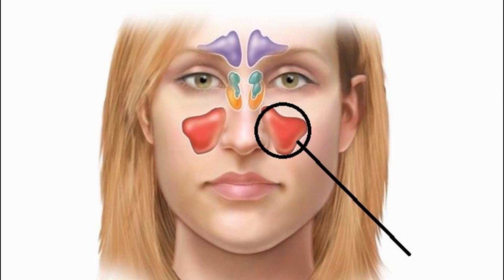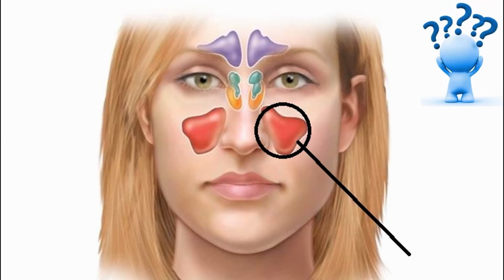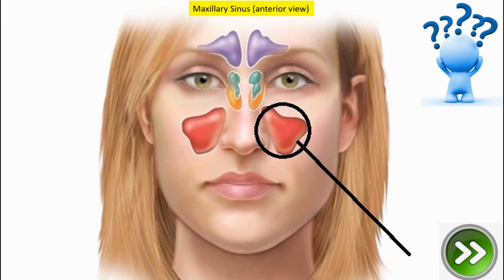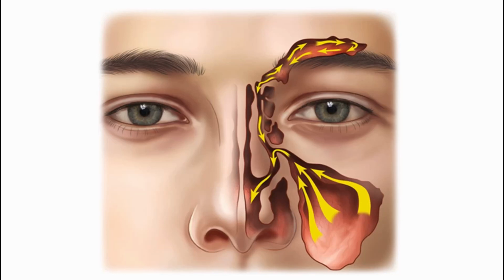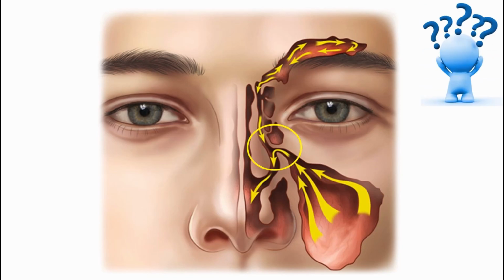and this is the most troublemaker sinus in the facial bones, and it is the maxillary sinus. And why is it troublesome? Because if you look into this circle, you can see that this sinus opens superiorly into the hiatus semilunaris.